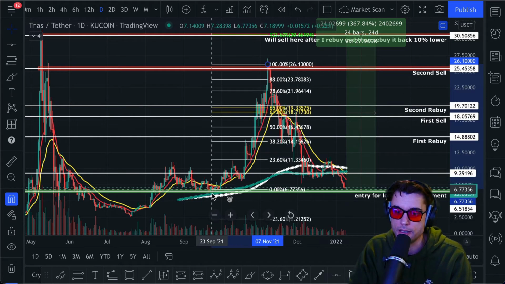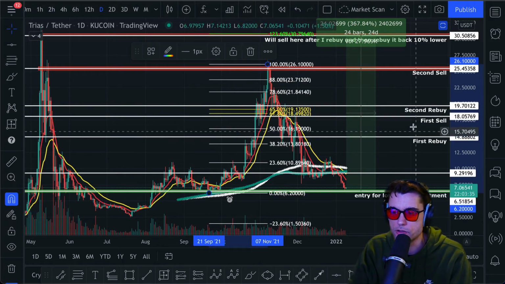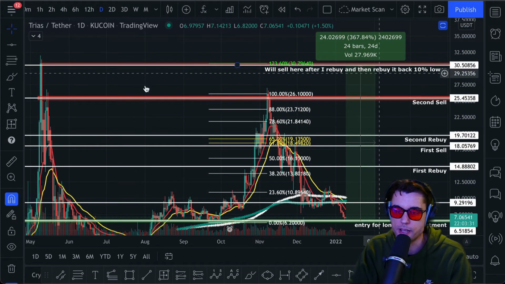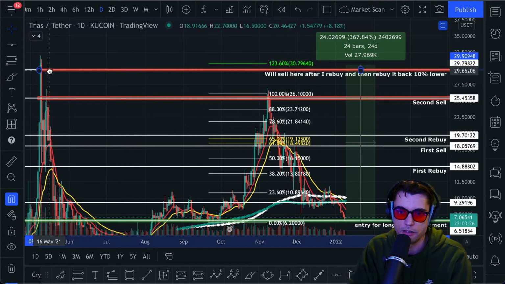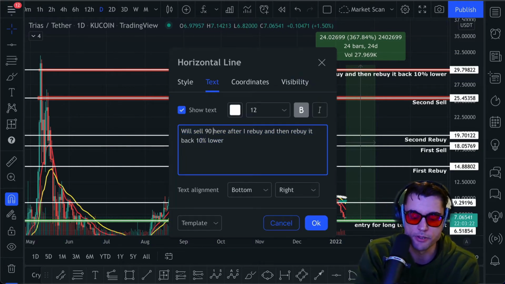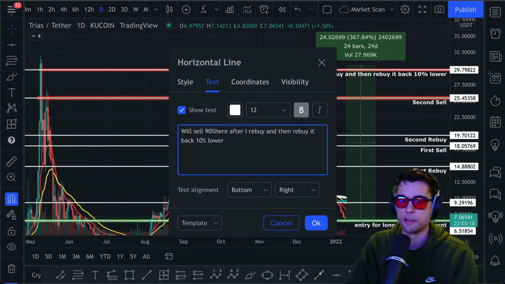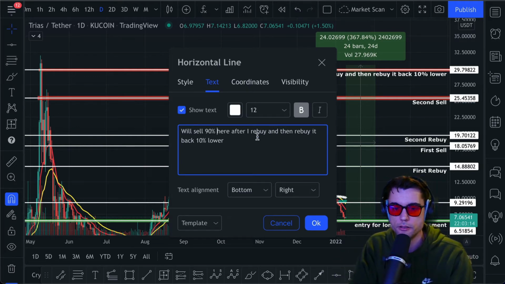And that's going to be my game plan: try to sell it, rebuy it, sell it, rebuy it, and then sell like 90% at the highs, probably a little bit below the highs. So I'll bring this down a little bit. We'll sell 90% here after I rebuy. Well, wait a minute.